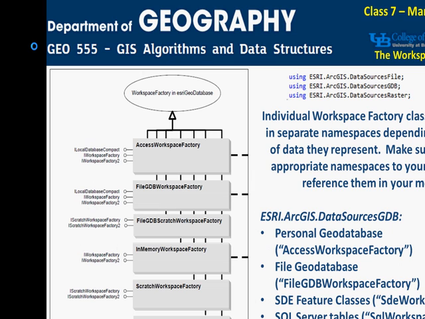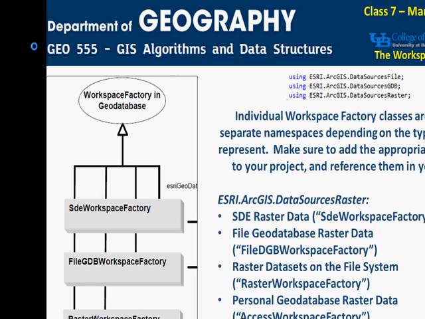Here are some classes in the data sources GDB namespace. The first two, and probably the second being of the most interest, I would think, for what you guys would work with. Obviously that depends widely on your specific area of study. And here are some sources of data, raster data sources in this namespace.